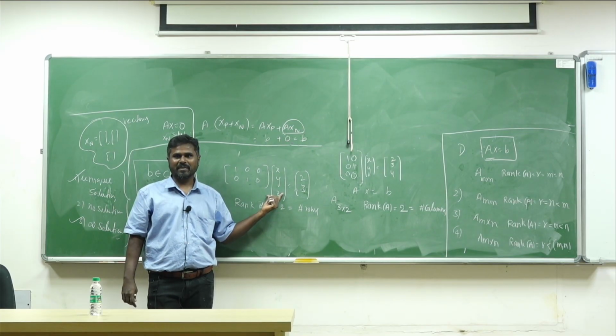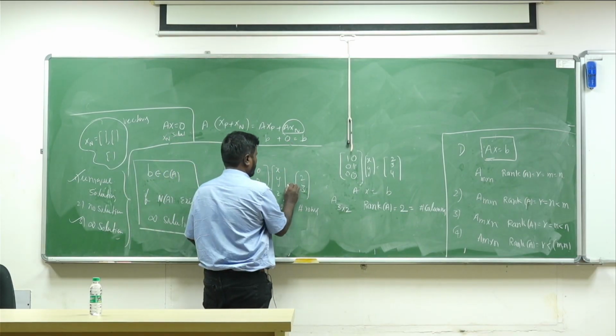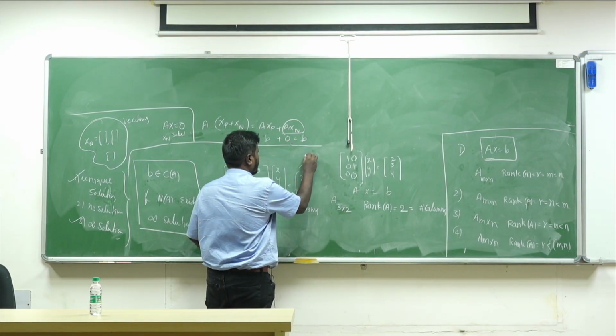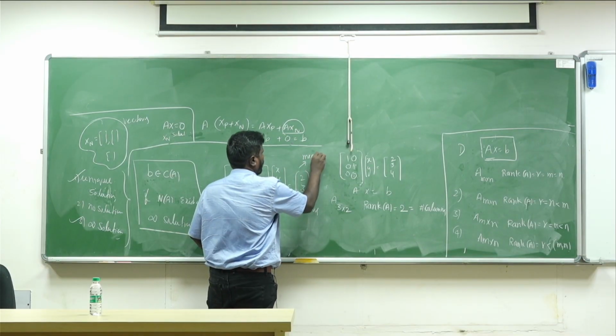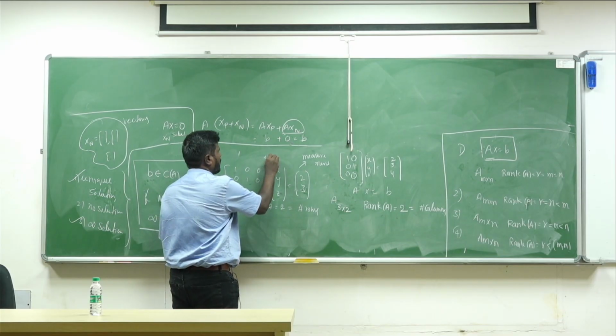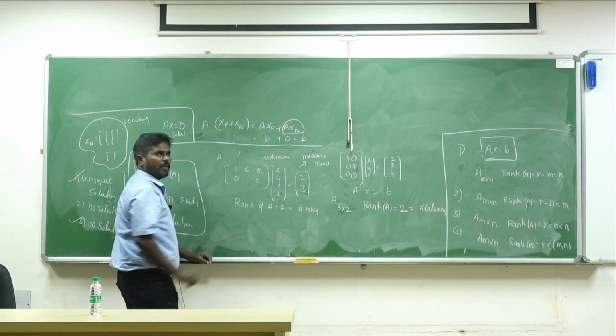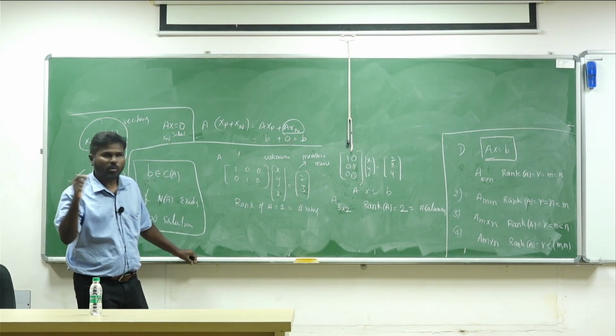Usually, in the imaging problem, this is called the measurements, and these are called the unknowns, and this is the matrix obtained from the linear operator.